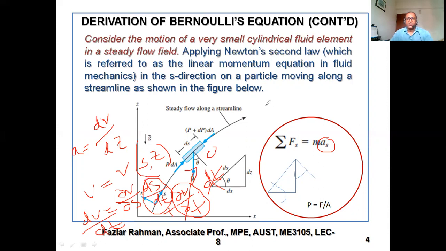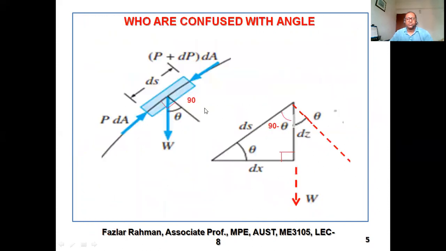So ultimately, we are getting dv by dt equal to v into dv by ds. Okay, we'll show you again in the next slide, so it will be clear to you.